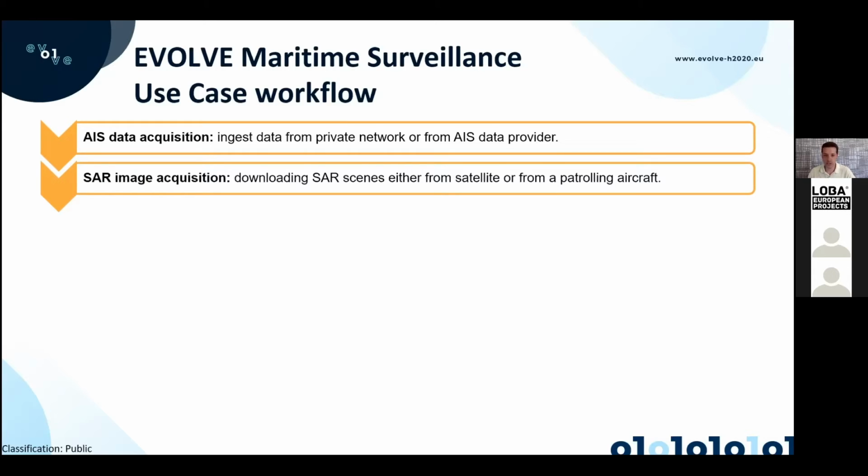The second type of data, the satellite images, can be downloaded either from a satellite hub or from a patrolling aircraft. You can also have radar images from aircraft in order to have a higher resolution. In our case, we are using scenes from the Sentinel-1 satellite, which are openly available via the Copernicus hub.